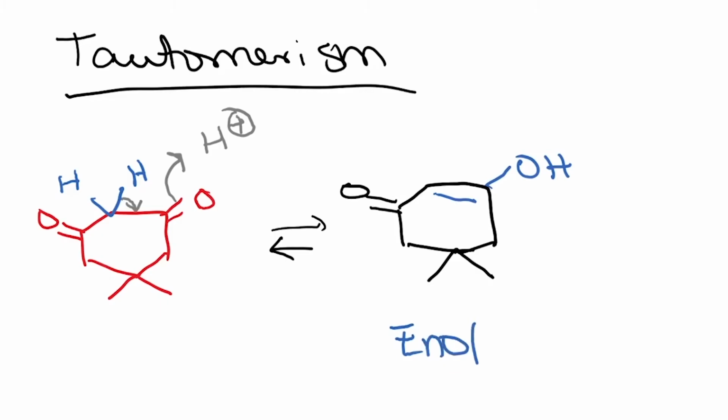And now of course this enol can again move an H plus and form the ketone back. So the important aspects here are, this is called the keto form and this is called the enol form. What you need to know is that this is a phenomenon where there is only a transfer of H plus.